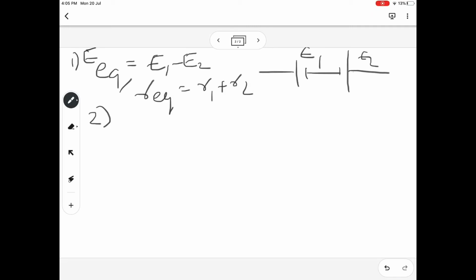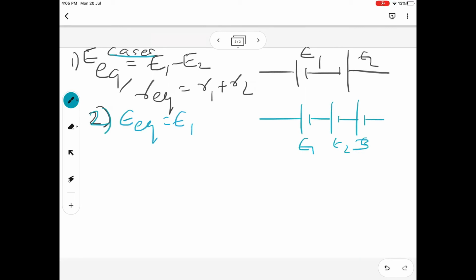Now the second case. When you have more cells, say 3 cells with parameters E1, E2, E3 and R1, R2, R3, E equivalent is E1 plus E2 plus E3, provided every cell is in order, so they keep an order of positive, negative like that.